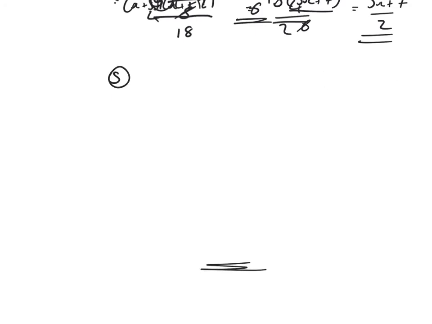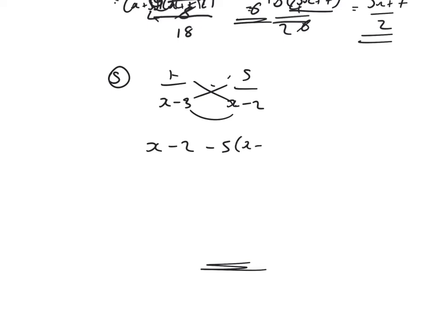Okay, example 5. 1 over x minus 3 minus 5 over x minus 2, kiss and smile. 1 lot of x minus 2 is x minus 2 minus 5 bracket x minus 3 over x minus 3 times x minus 2.